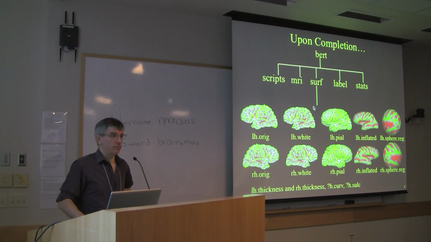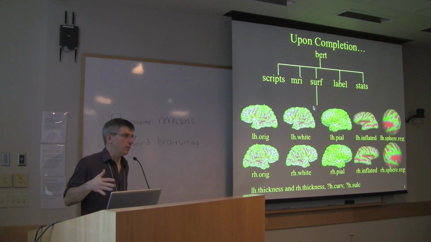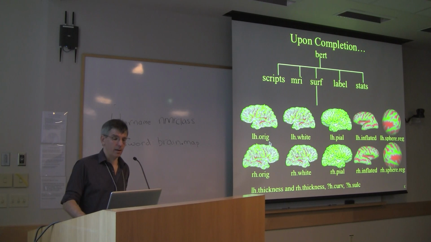So the next thing that FreeSurfer does is it runs through the surface-based stream once it's finished with the volume-based. And I'll go into more detail about what each one of these things is. And then what you would see in the surf folder, surf stands for surface, are all these things like lh.orig and rh.orig and lh.white and rh.white.